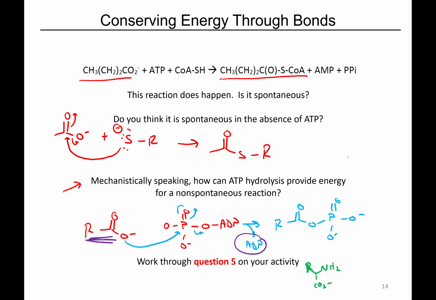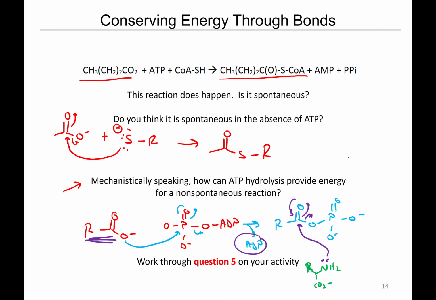In the next step, it's a fairly straightforward SN2 type reaction where we have our nucleophile nitrogen on the amino acid. It attacks the carbonyl. We form an intermediate, the intermediate collapses, and we release phosphate.